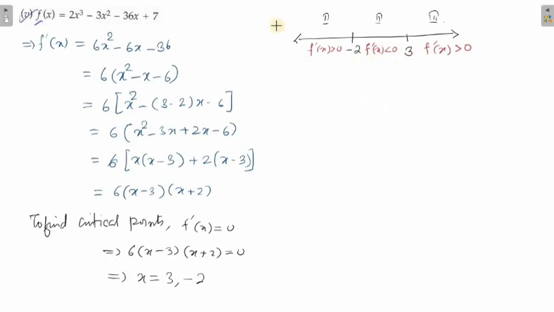So what we can say is, for the function to be strictly increasing, f dash of x must be greater than 0, isn't it?